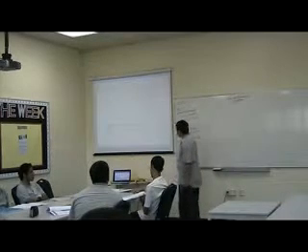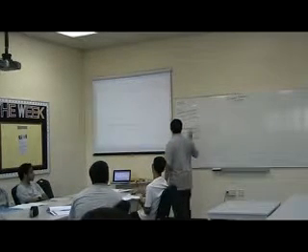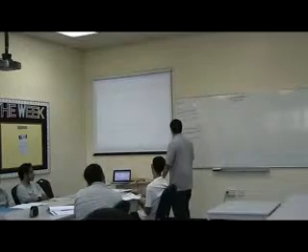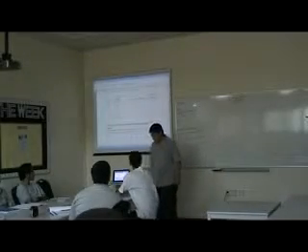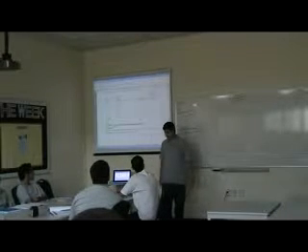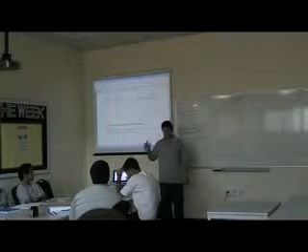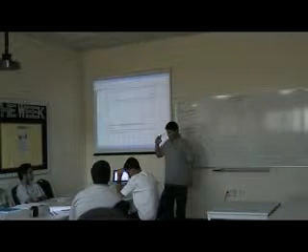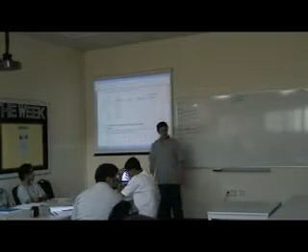The second type of tables, the group table, we have five columns. The first column is class limit. Why do we call it class limits?